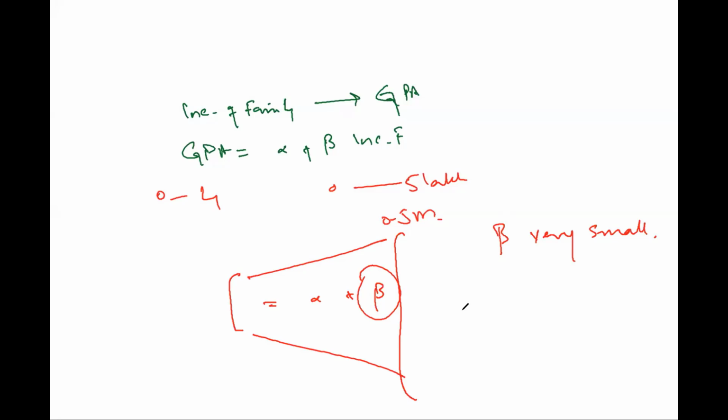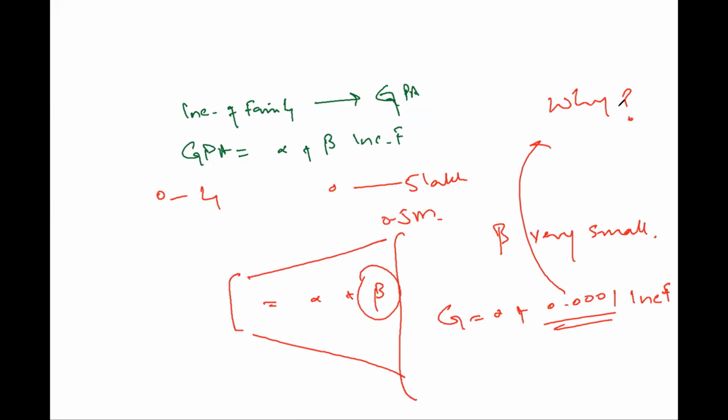So it would be like GPA is equal to alpha plus 0.0000001 times income of family. This is very small. Your teacher might ask why it is so small, and you don't have any answer because you don't know why the software is giving us this number.